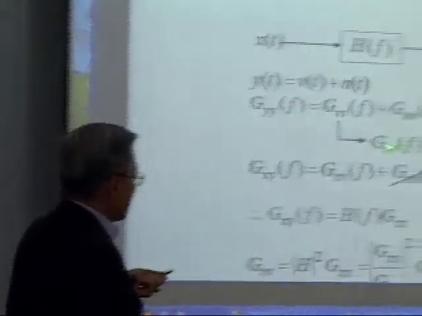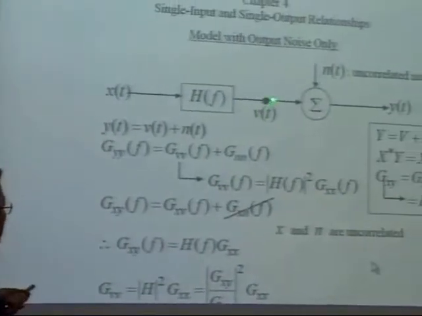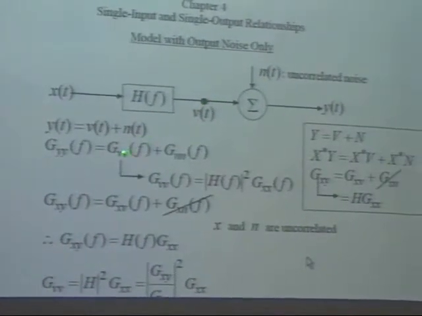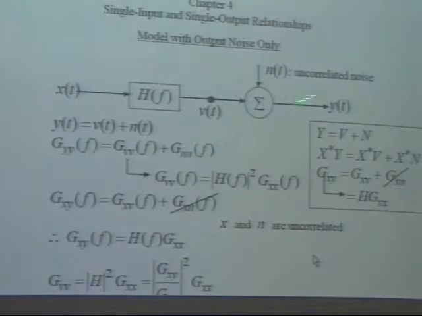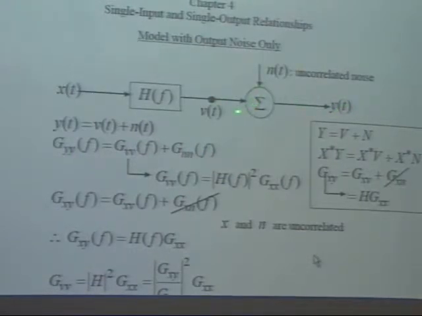So here, if you look at the true output, V is right here. Yy is right out there. After noise is included, Vv plus Nn around the output here.